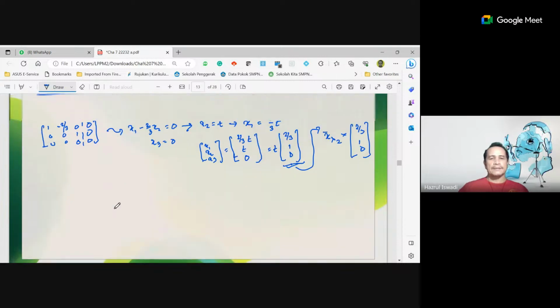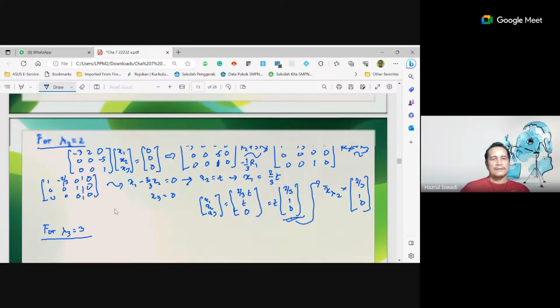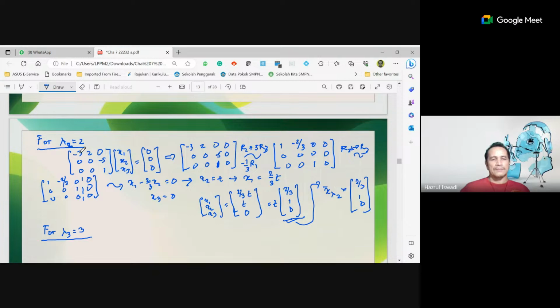Okay, so we put lambda 3 here. Again we subtract 3 from the main diagonal.